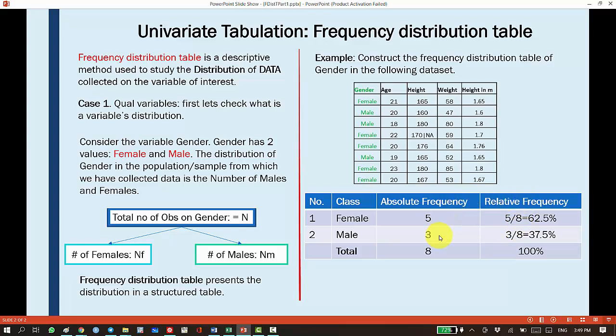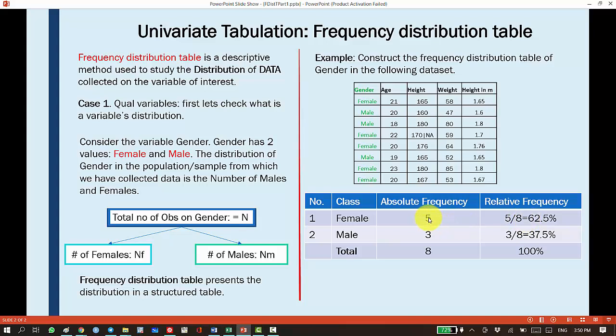In addition to absolute frequency, most of the time it's useful to have the percentage of female and male observations. In order to find the percentage, we first find the ratio of females and males and then transform it to percentage.